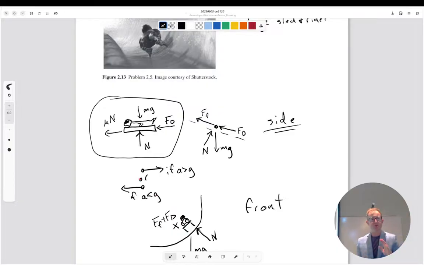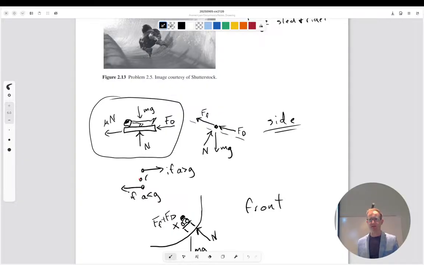Do I have to consider two different types of motion? That's one way of thinking about it. Do I need an either-or kind of thing here? What would you do in statics? If this was a static problem? Or it doesn't even have to be static.